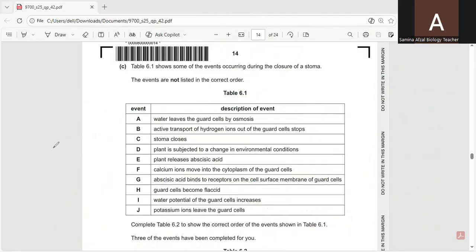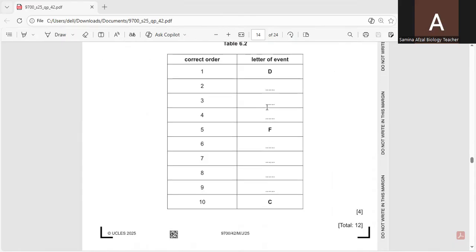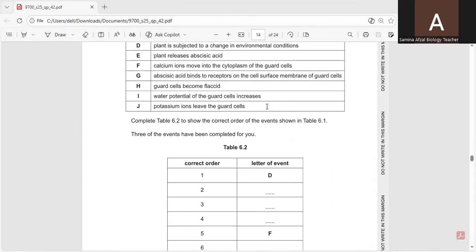So the table shows, so water leaves the guard cells by osmosis. So they have given one of them.